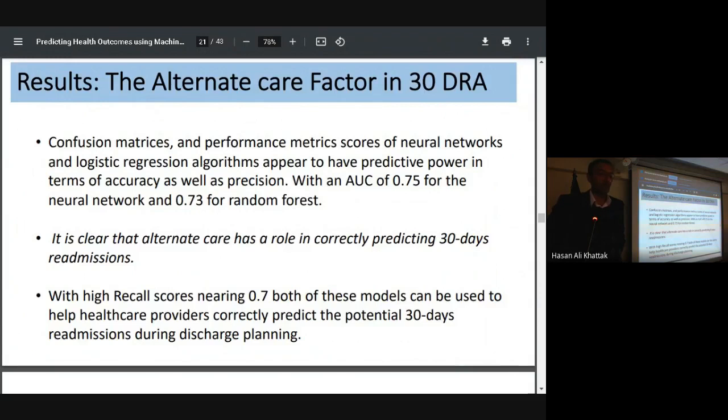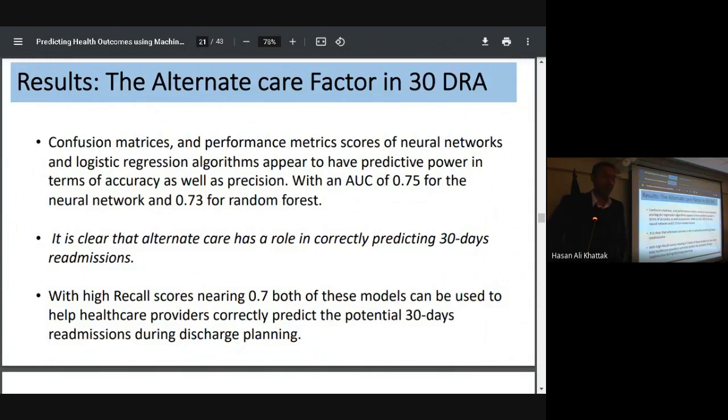That clears up the question we raised at the beginning. It's clear that alternate care definitely has a role in correctly predicting 30-day readmission.